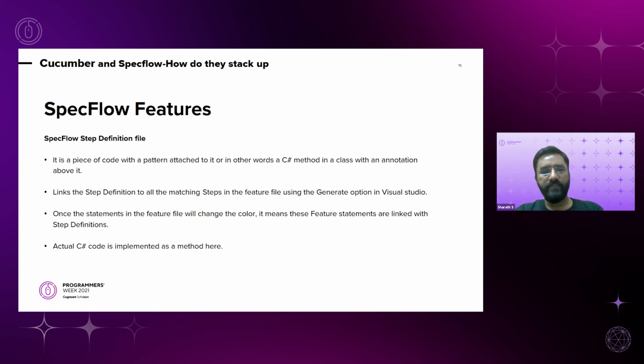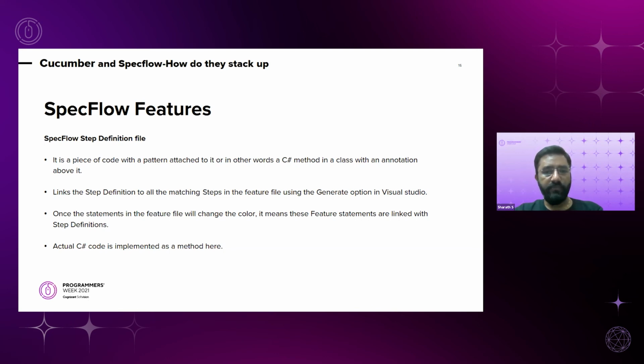This definition file links the definition to all the matching steps in the feature file using the generate option. This option is available in Visual Studio. Once we generate that, there would be a set of methods implemented as part of the feature.